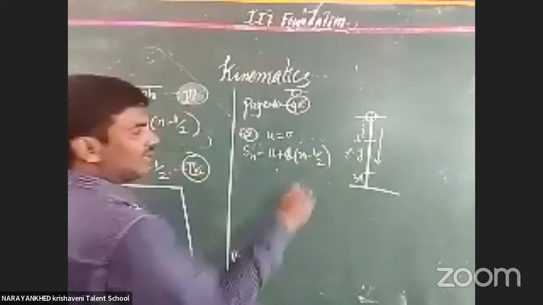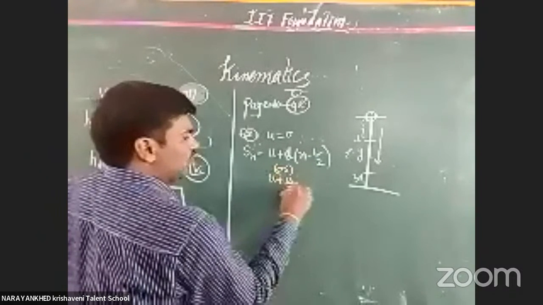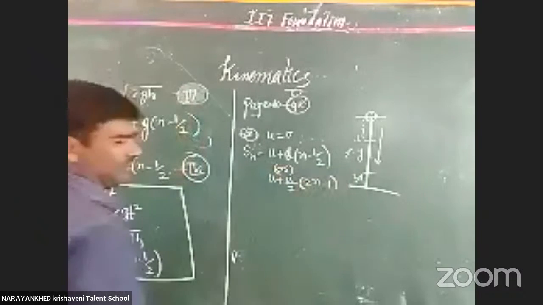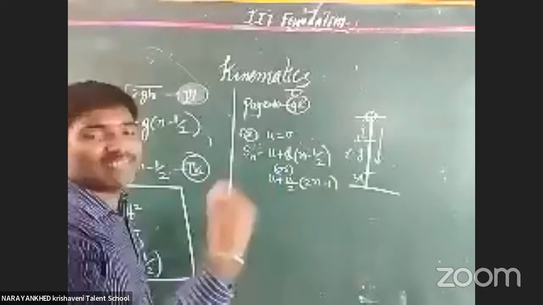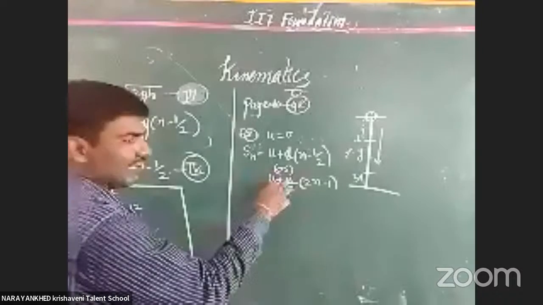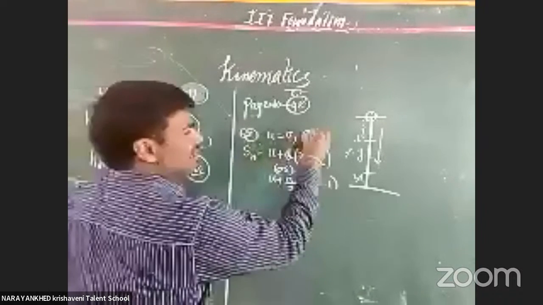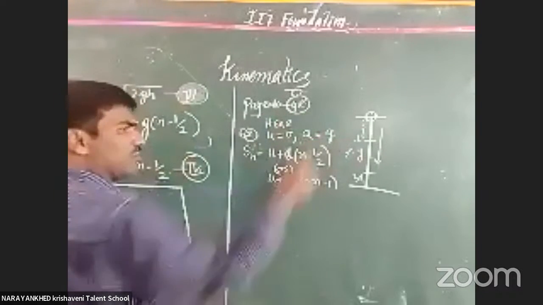Otherwise it is also taken as u plus a by 2 into (2n minus 1). What is this n? n is the nth second. Here u is 0, and a is equal to g.